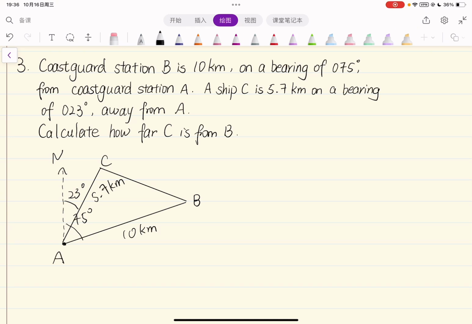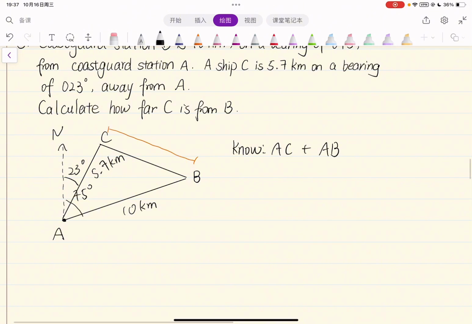So it asks you to find how far C is from B. So we want to find the length CB. Now we know the length AC and the length AB.